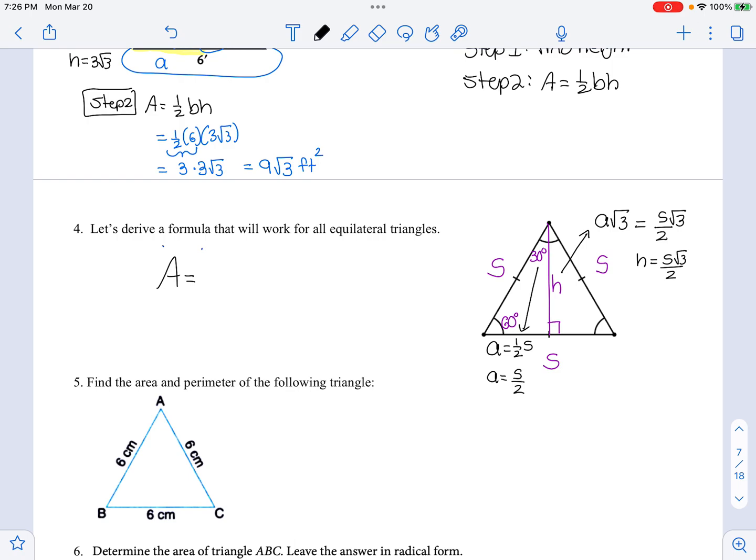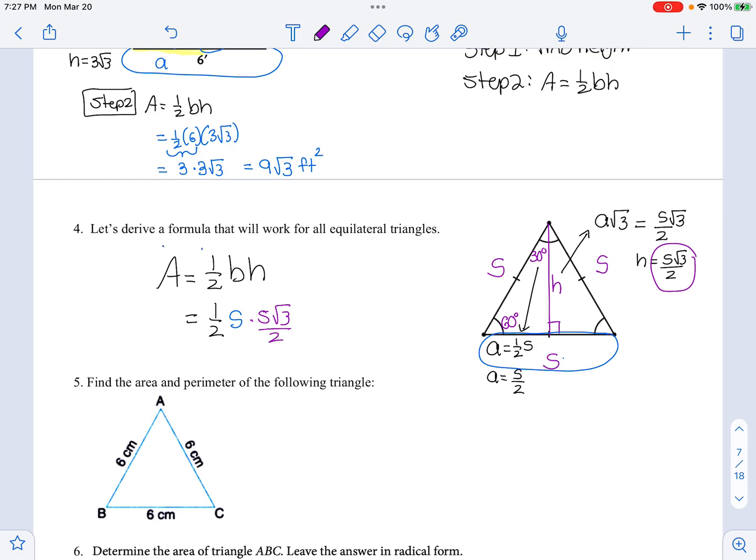So step 1 was find the height, which we've done. Step 2 is go back to my general area formula, 1/2 base times height. Recall that the base is going to be the base of the full triangle. So we're talking about the base of S. And then my height, remember, is this new value that we just came up with. My height is S square root 3 over 2.